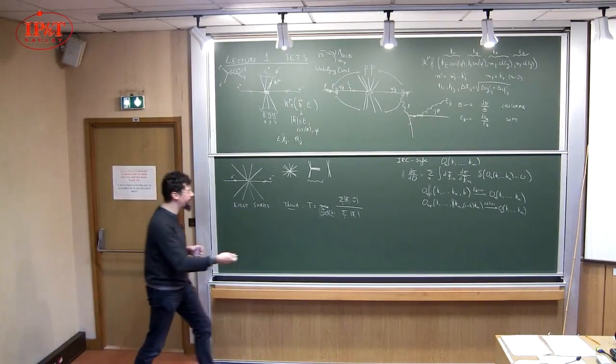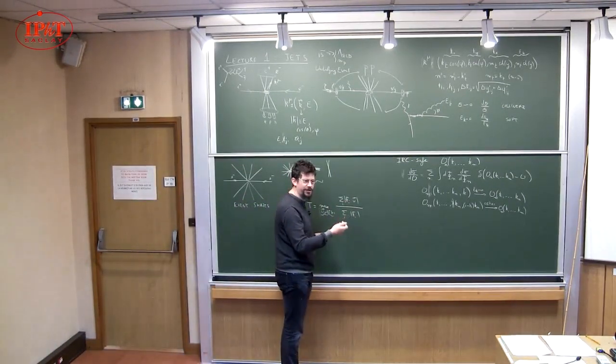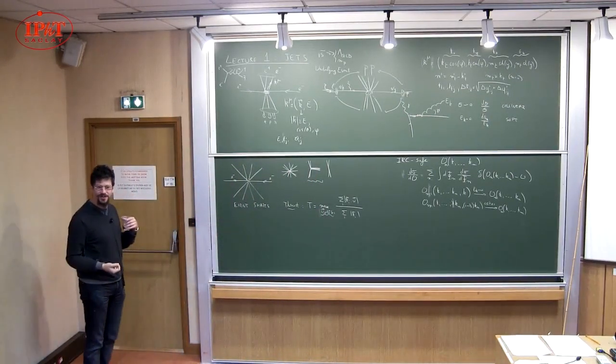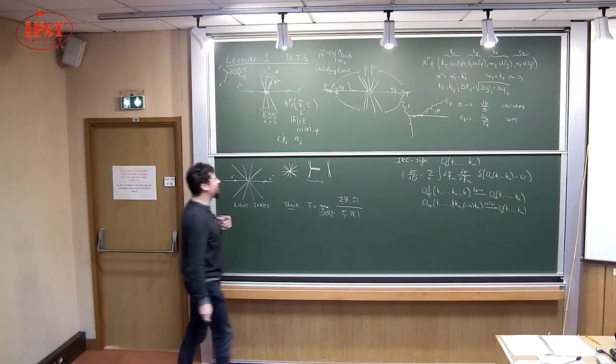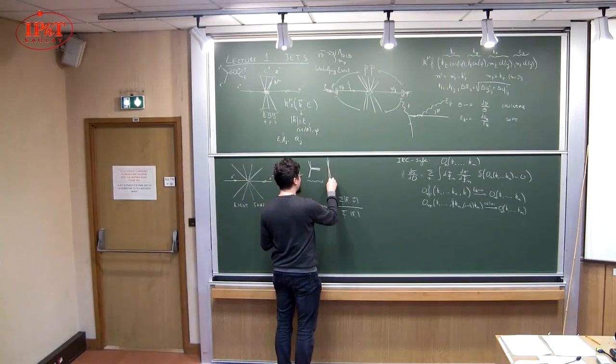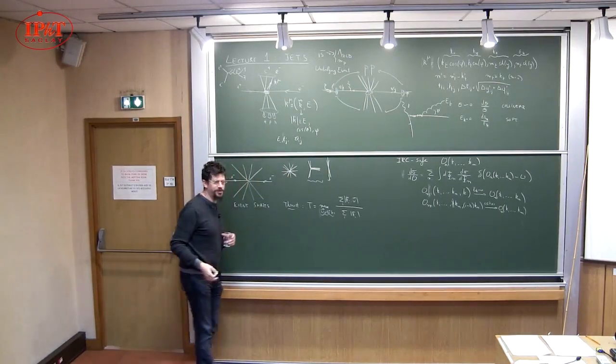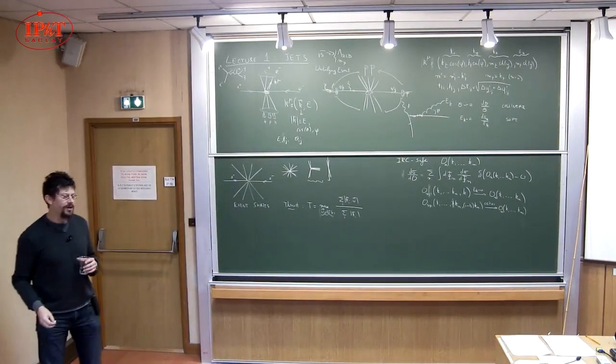What you're doing here is projecting your energy along this direction, so this gives you the direction along which you have the most energy. Typically, if you think about an event like this, your thrust axis is going to be this way, and if you think about something completely uniform, your thrust axis is whatever.